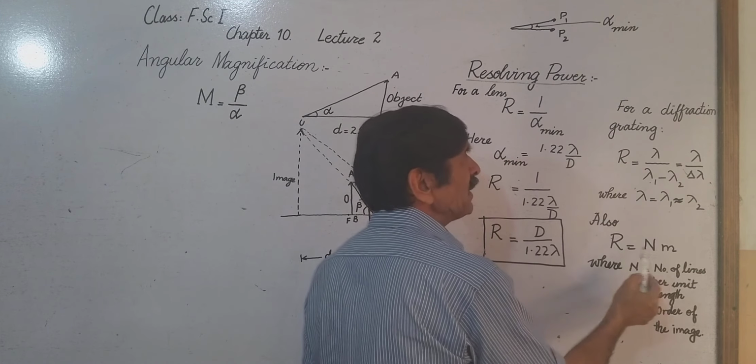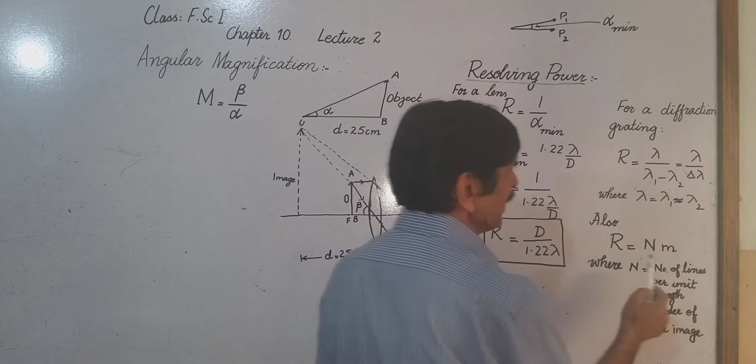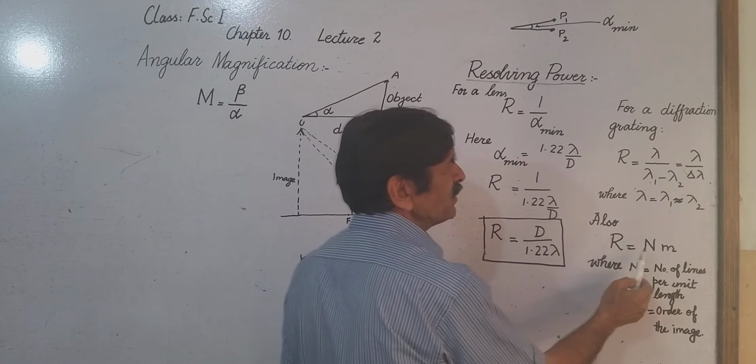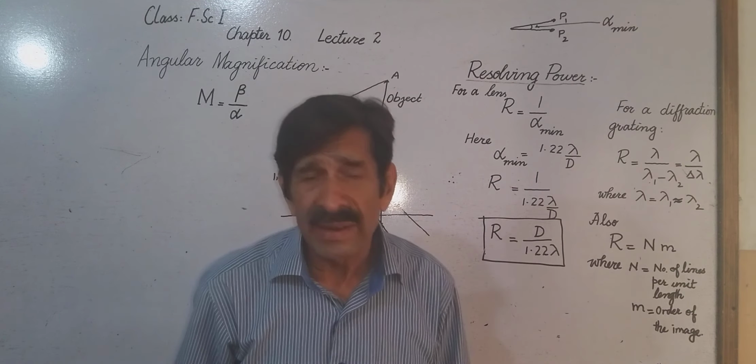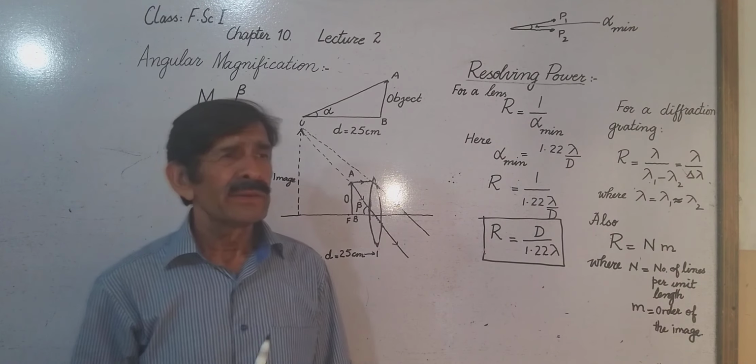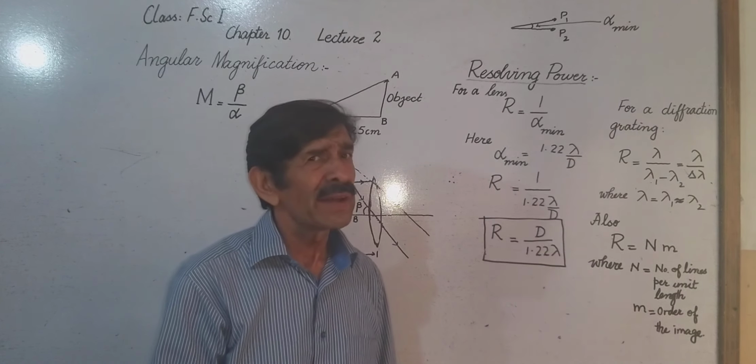Also, resolving power of a diffraction grating is given by R is equal to N into n. What is N? N is the number of lines drawn on unit length of the grating.